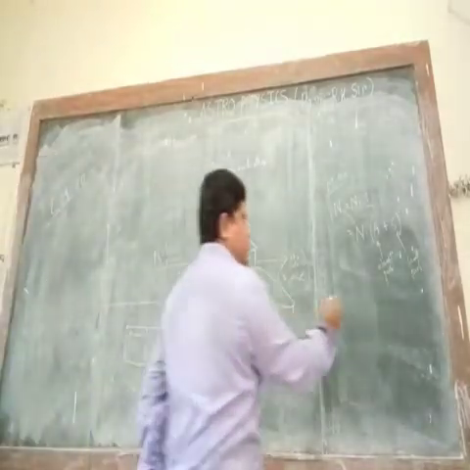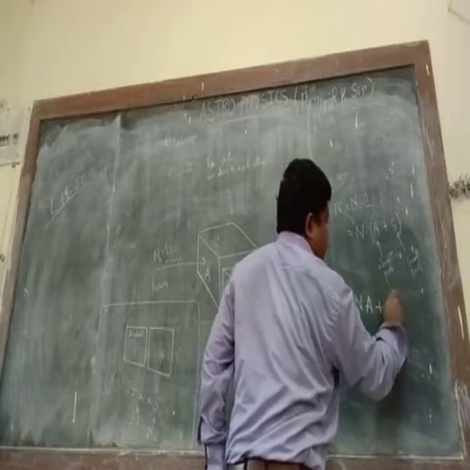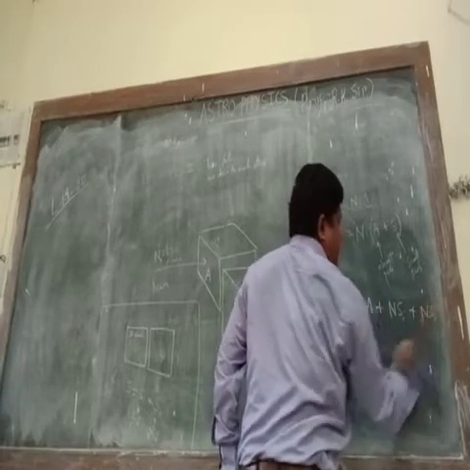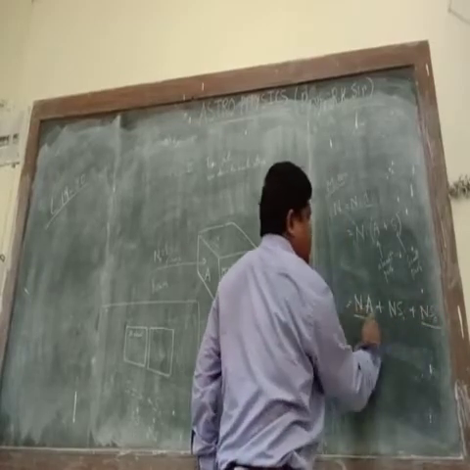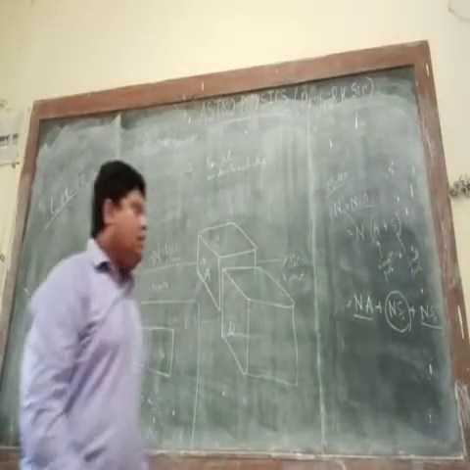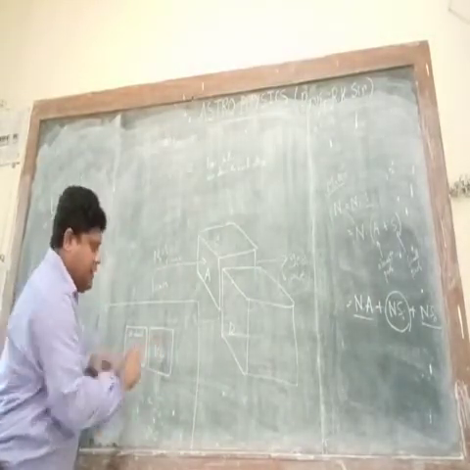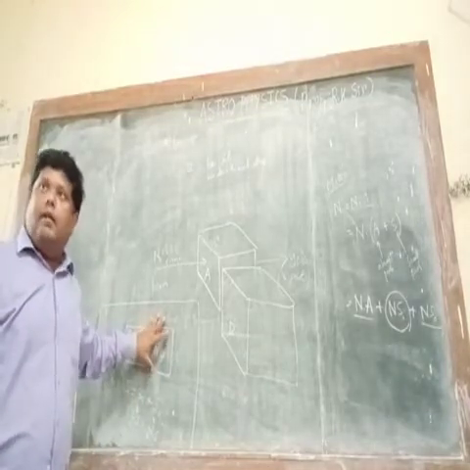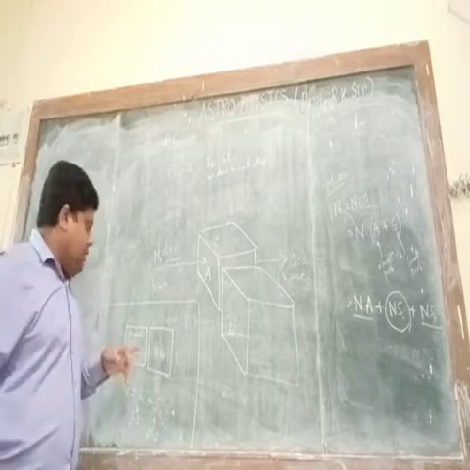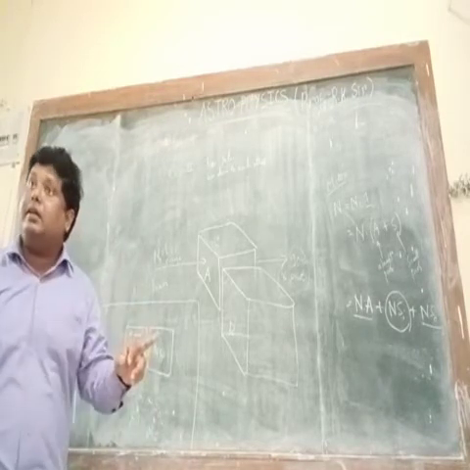So let me again continue this part. So Na plus NSi plus NSO. Now forget about this NSO and Na. Let us now concentrate on NSi. What can happen to NSi? NSi has entered this part, right? Now I am making an assumption that whatever has entered this part will interact.